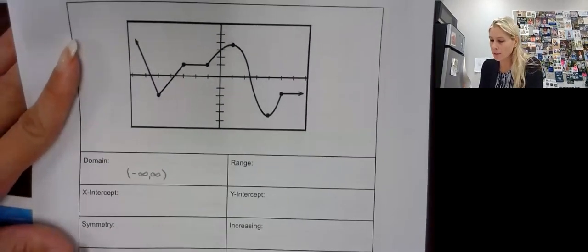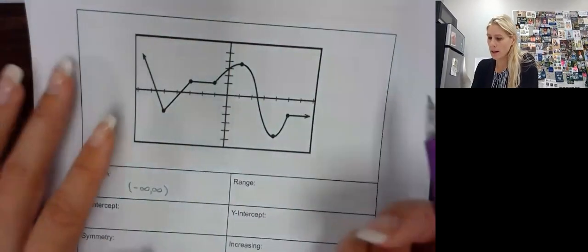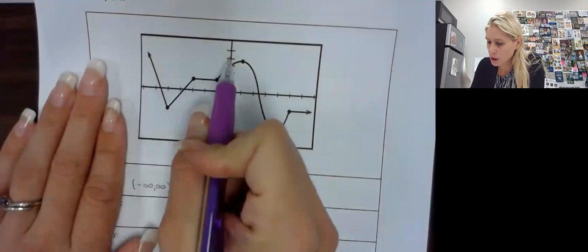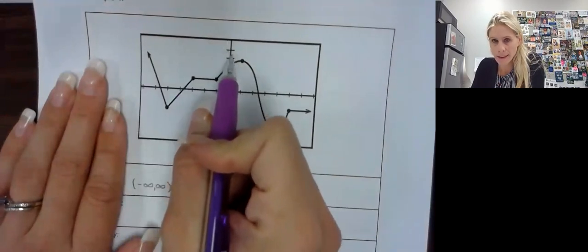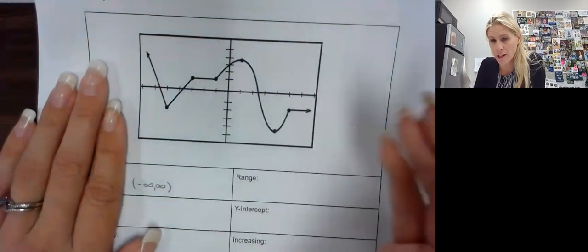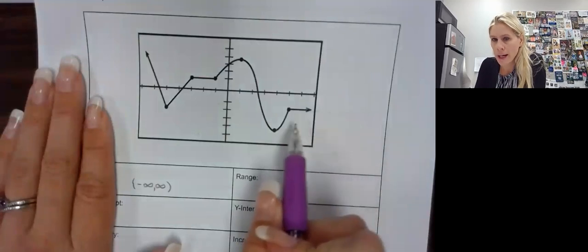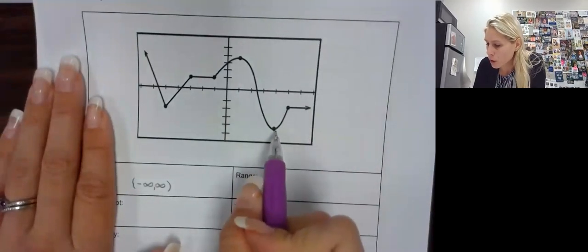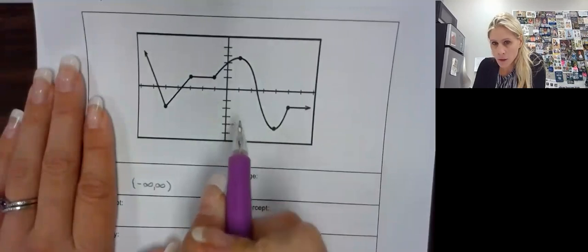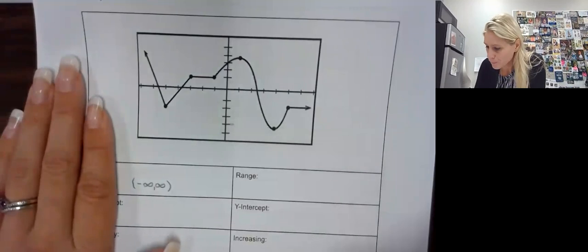Range, now be careful here. So if we squish this on, as I can see, this arrow squishes, makes it go up. Do you guys see that? That arrow makes it go up. So it's going all the way up to infinity. But if we squish this, this arrow goes straight, so it's not down. So the lowest point is right here. You guys see that? The lowest y value is right here.